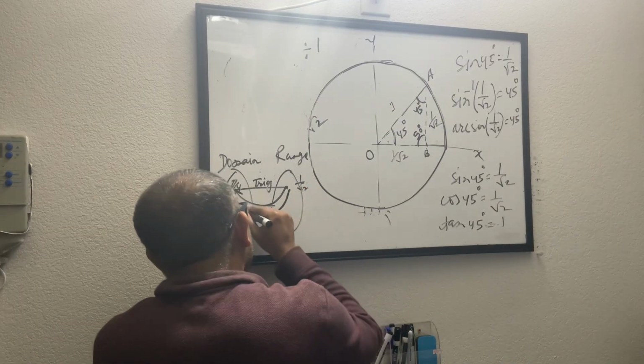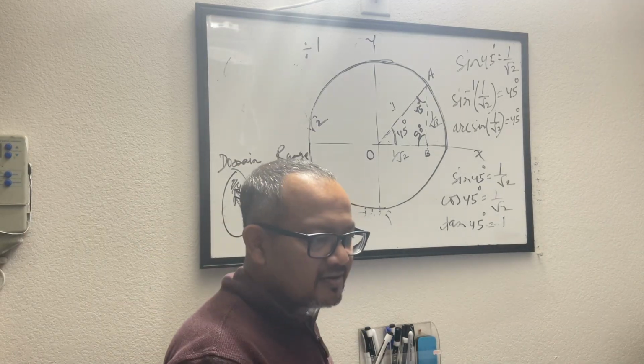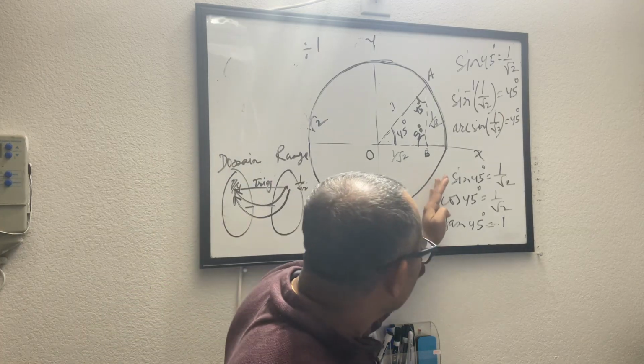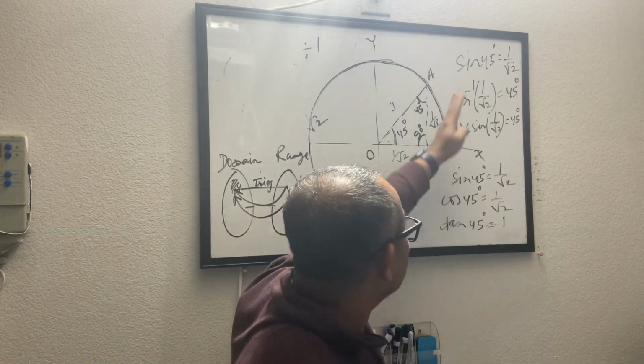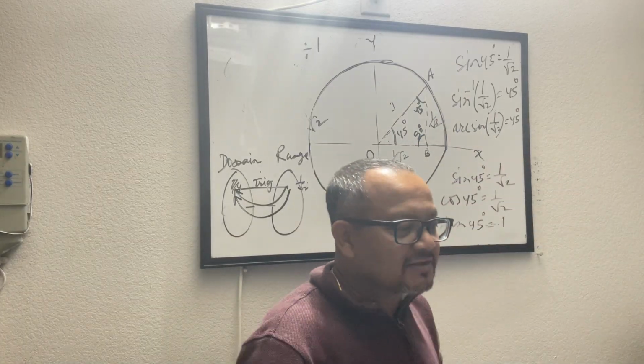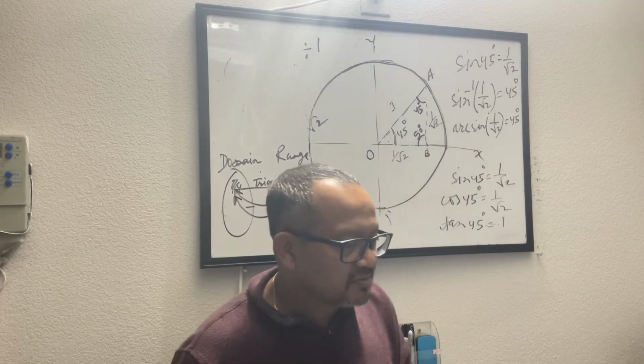From that, can you derive your domain? So you are looking at it in a different way. In this case, you know the angle, you get the value. Here in this case, you know the value and the trig function, you have to find out the angle. That's the only difference that inverse trig function brings in our life.